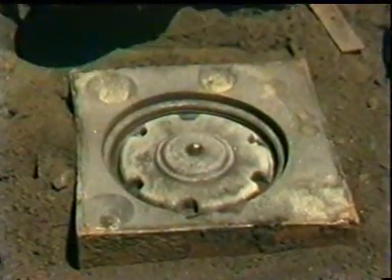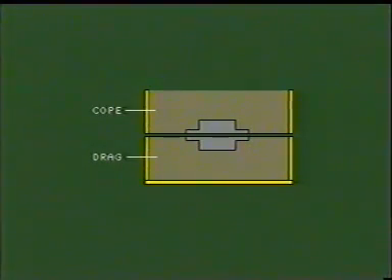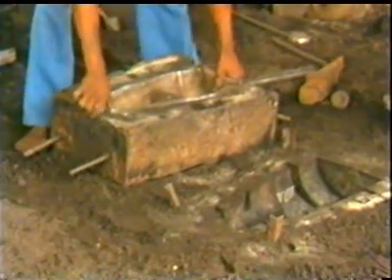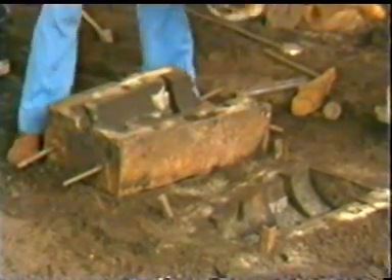The complete mold generally consists of two halves. The lower half is called drag. The upper half is called cope. In case the pattern is split type, then the two halves of the mold are made separately.